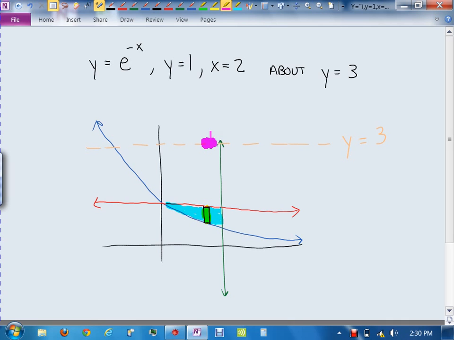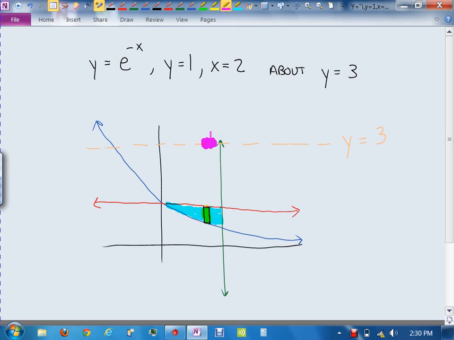Now, you have to be careful with this. What's the distance from the purple to the x-axis? 3, right? And then what do you have to take away from that to get back to here? Whatever the value of the function is, right? So isn't the distance from here to this tip 3 take away e to the negative x?